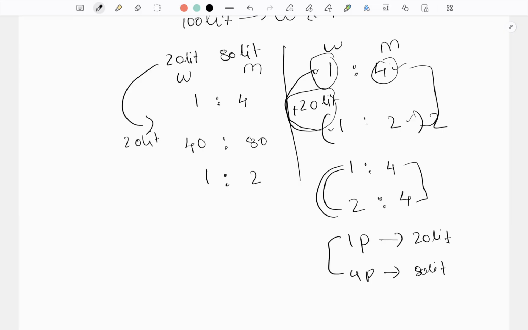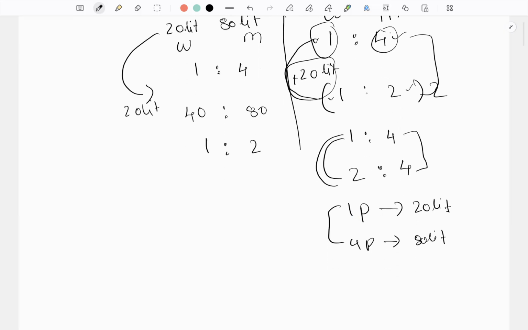Hope you understood. So now the question will be like: 1:4 the initial, 1:2 later after adding 20 liters. Suppose I add 40 liters of milk, then what will be the ratio of water to milk?